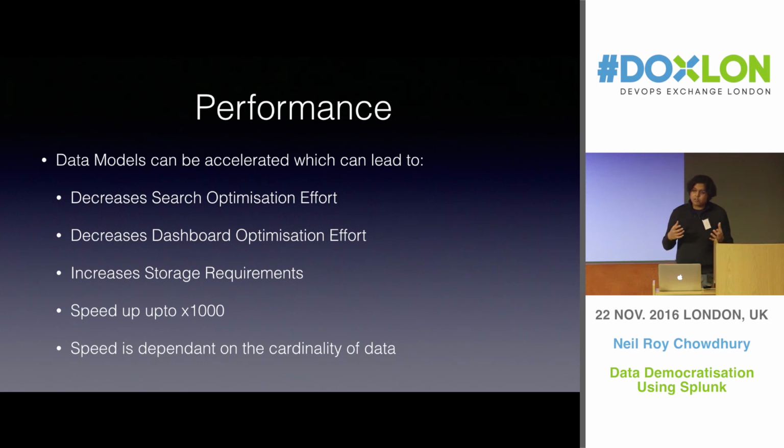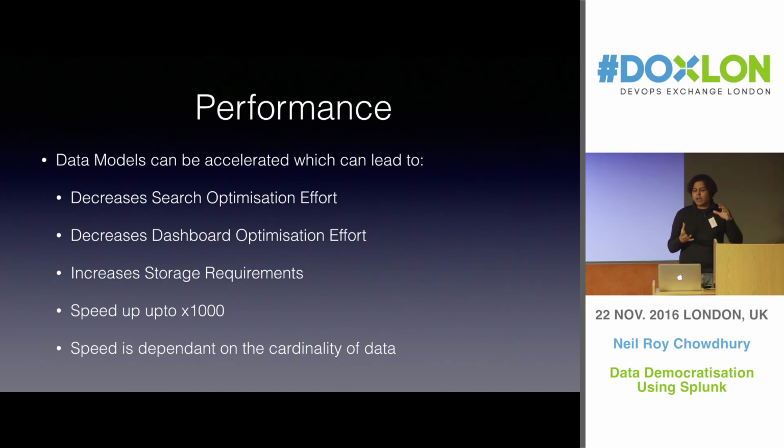So performance, this is the bit where it gets quite special. One of the problems when you federate these to a lot of users, especially with a centralized data service, is that people tend to write queries that will harm your platform in some way. They don't mean to do it, but they still would.